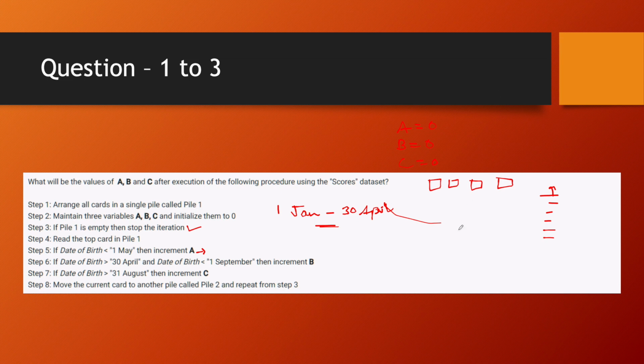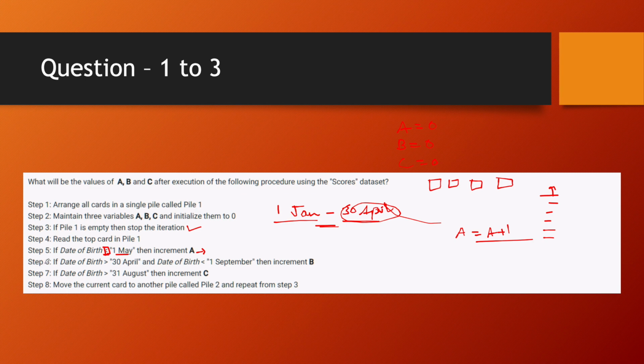You just take the value of A and add 1 to it. That's all you have to do. And why do I keep saying 30th of April when it's given as 1st May? Because you have to look at the conditional statement. It says it should be less than May 1st, which means that the 1st of May is not included.